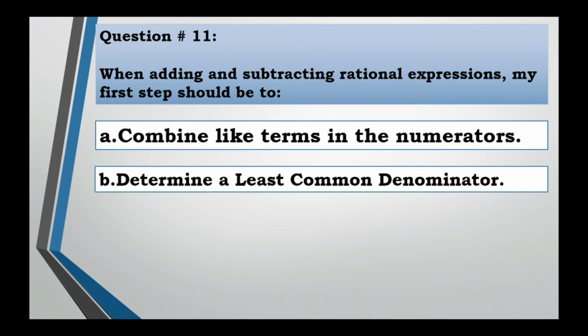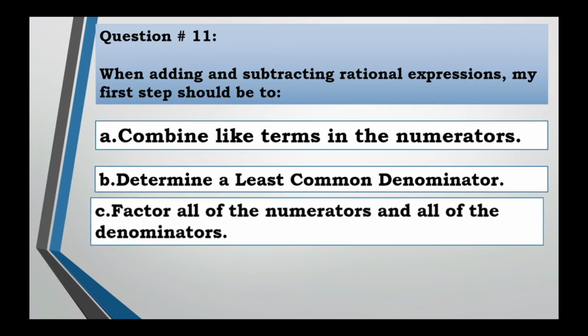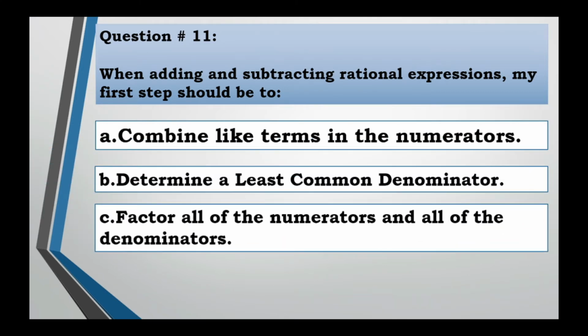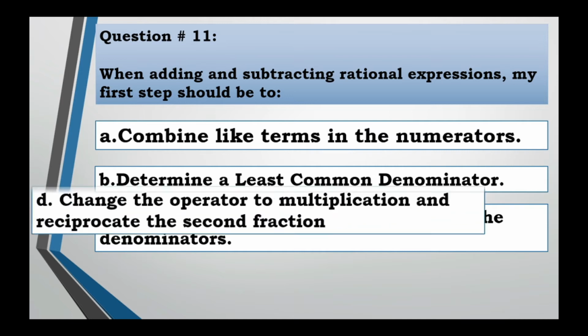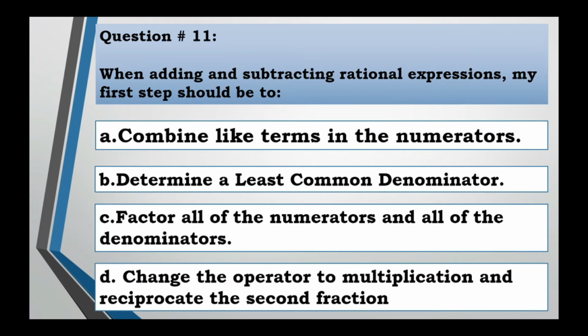Letter B, determine a least common denominator. Letter C, factor all of the numerators and all of the denominators. Letter D, change the operator to multiplication and reciprocate the second fraction.